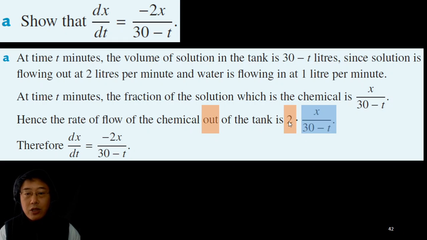Because it's an outflow, it's going to be negative, and then you get this outflow of chemicals. Because we're putting pure water in, coming at 1 liter per minute, the amount of chemicals coming in is actually 0, so it doesn't appear in that differential equation. Okay, so that's your final differential equation. That just considers the solution of chemicals coming out, as there's no chemicals coming in.